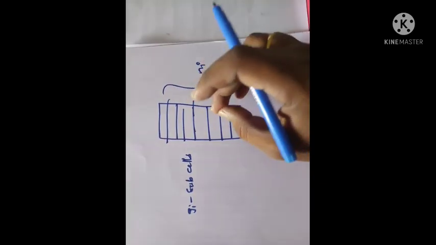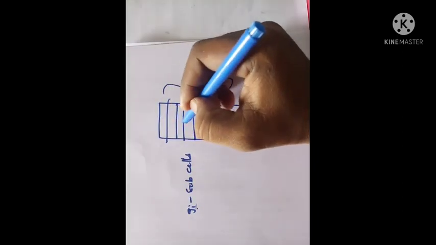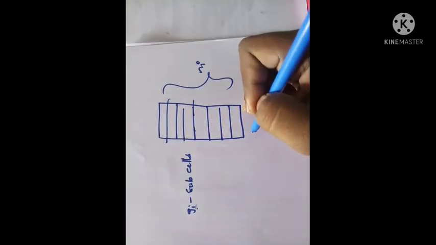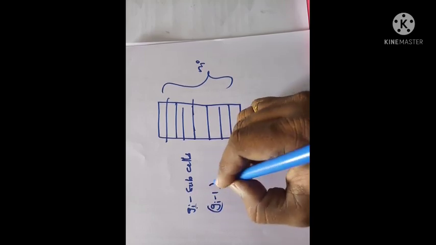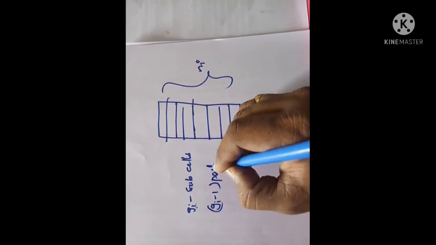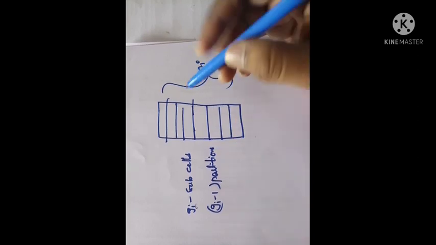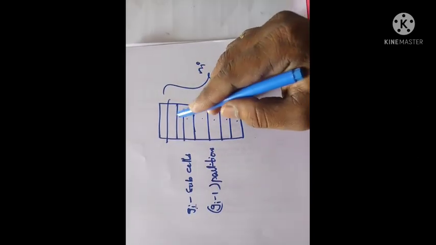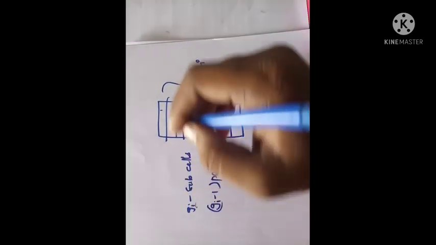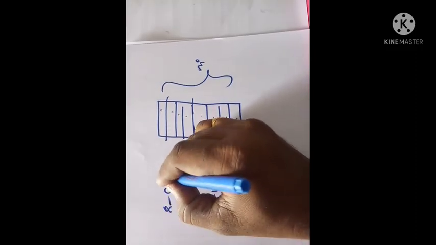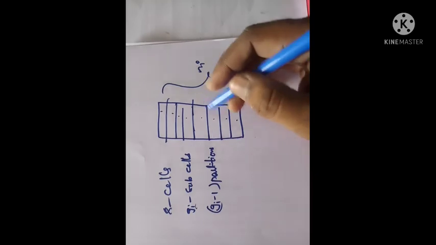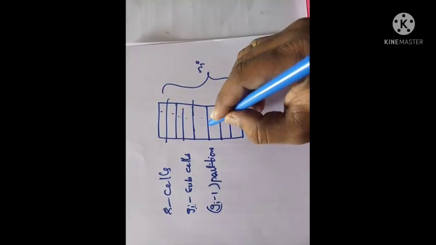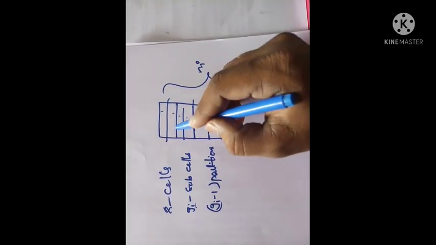Now the Gi subshells are constituted by Gi minus 1 partitions. For example, there are 8 cells, 1, 2, 3, 4, 5, 6, 7, 8. Let us see if Gi minus 1 partitions are there. Counting, 1, 2, 3, 4, 5, 6, 7.